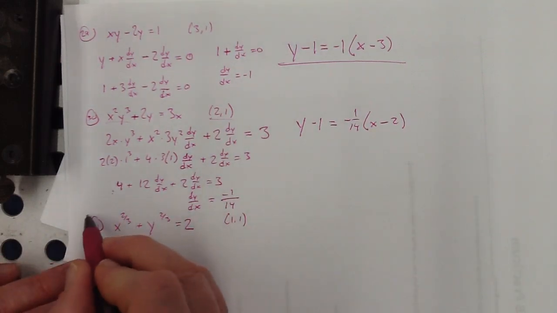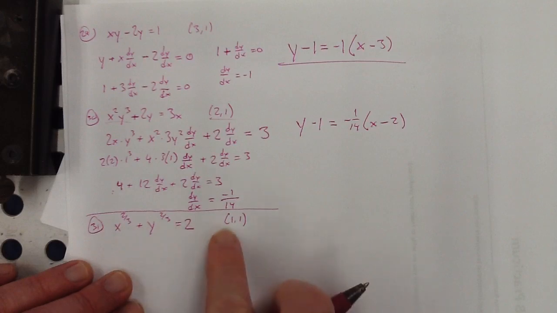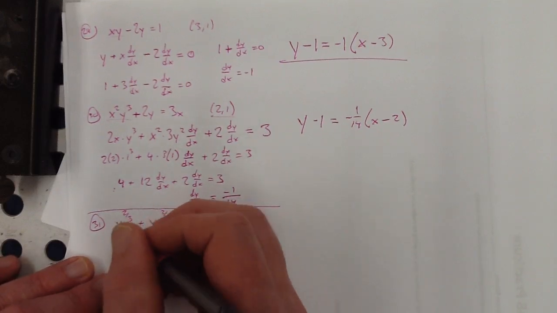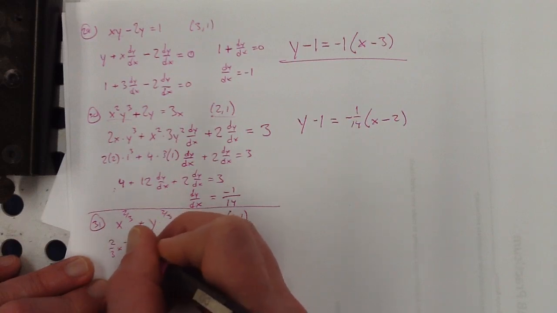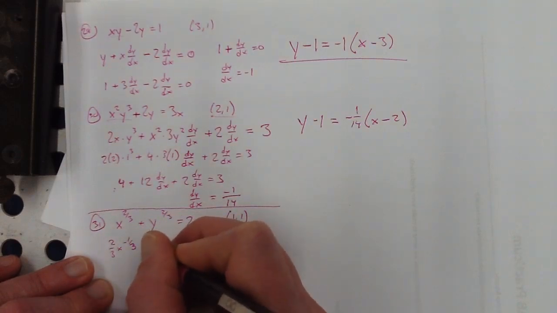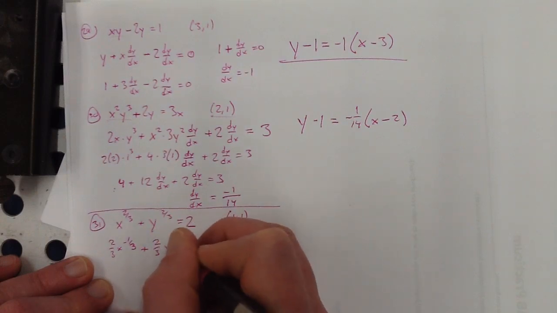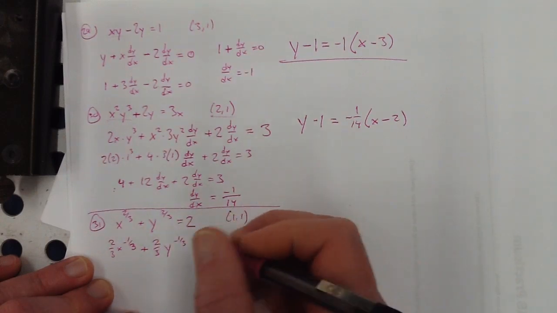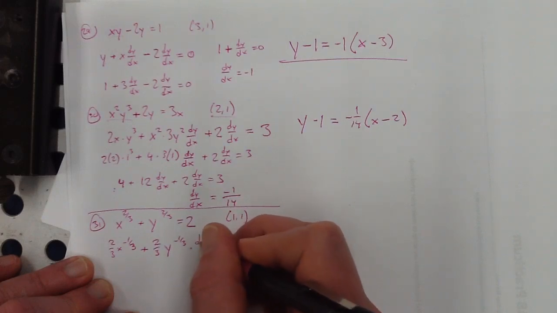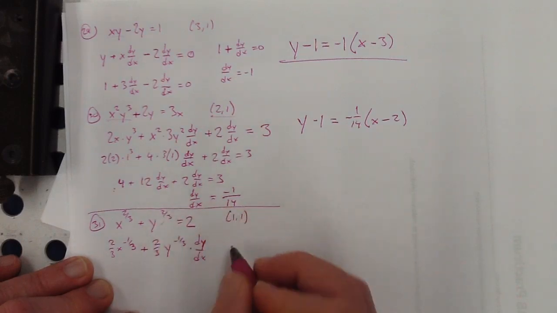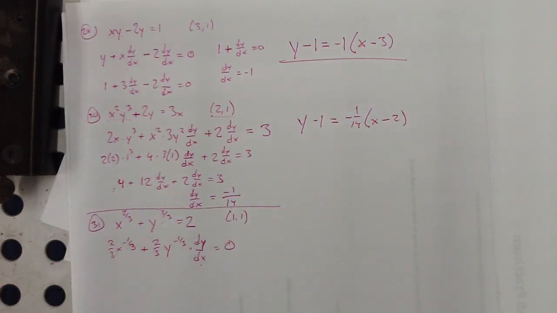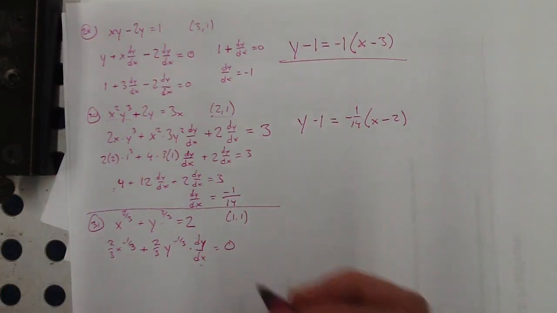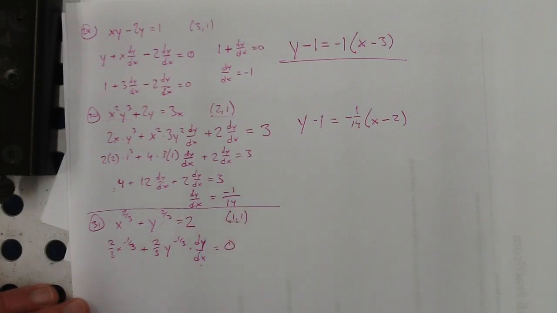Next problem, it's getting a little crowded there, sorry, is this, and there's my point. So derivative of x to the 2/3 is 2/3 x to the negative 1/3 plus 2/3 y to the negative 1/3 times dy dx. Every time you take the derivative of something with a y in it, that pops out, and the derivative of 2 is 0. This one's a lot easier if you just plug this in now, I think.